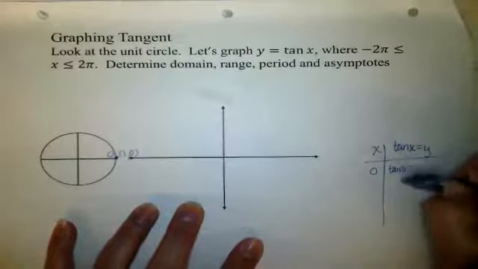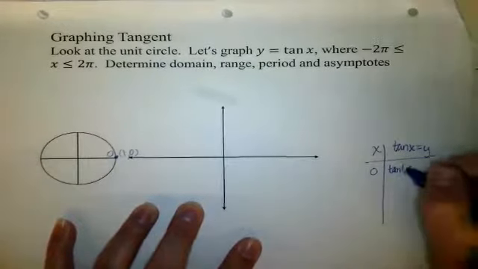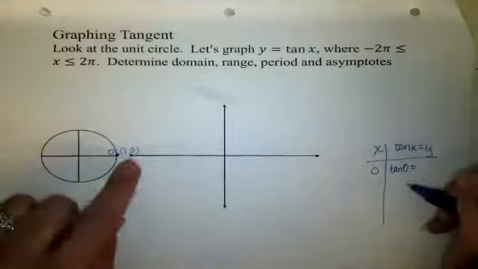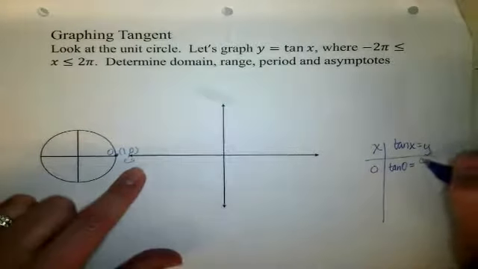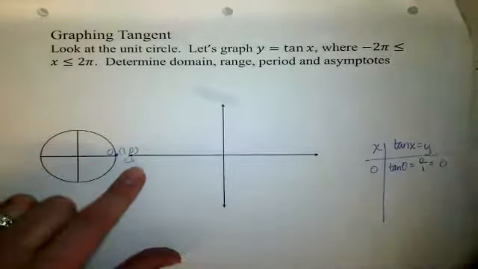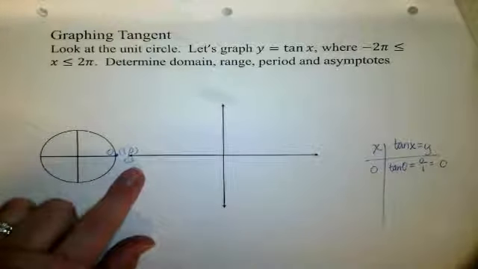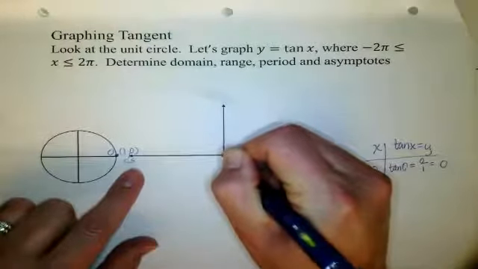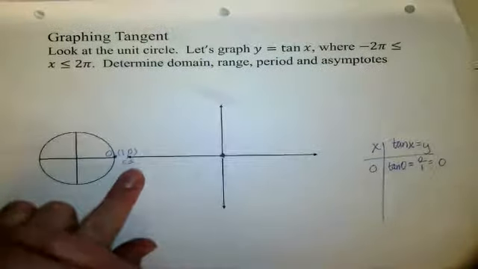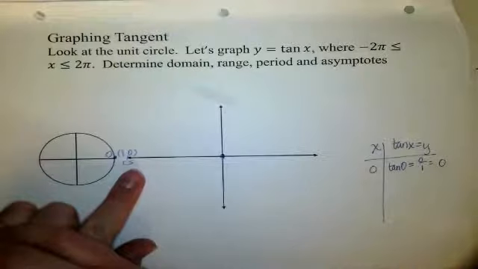How do we find the tangent if we have those ordered pairs? Sine over cosine. Yeah, the sine over the cosine. So that would be 0 over 1, which is 0. So we have the ordered pair 0 radians, 0 for the tangent value, tangent ratio.